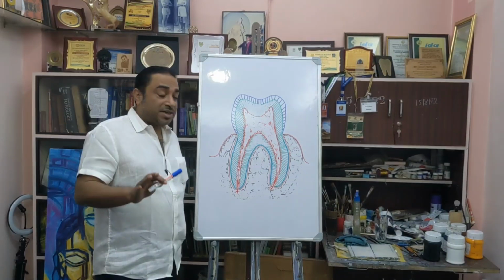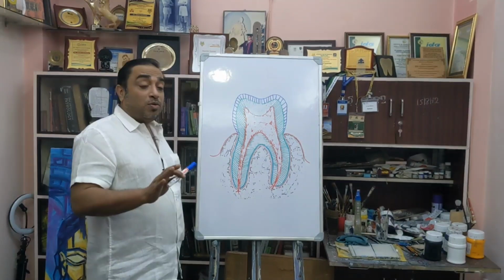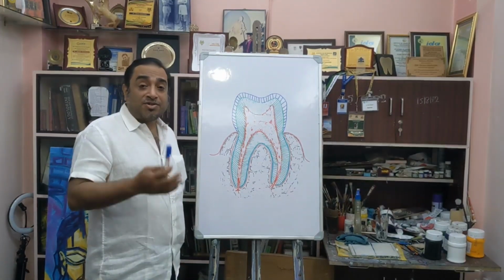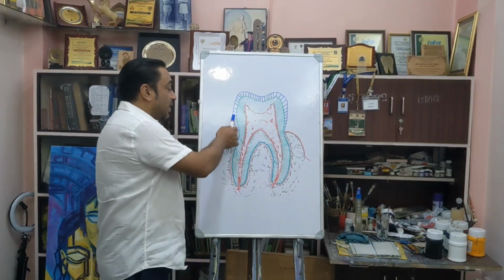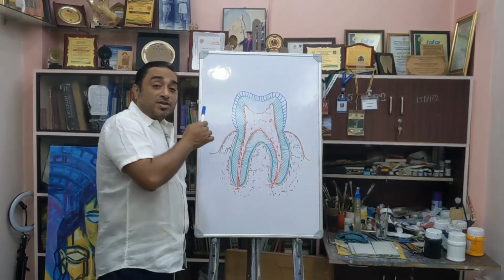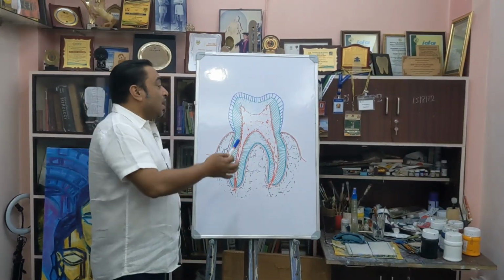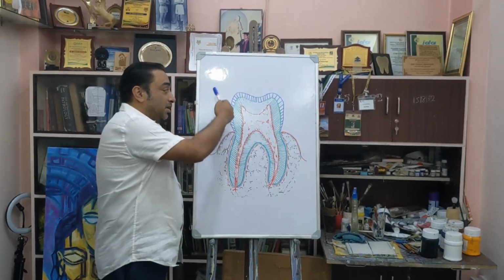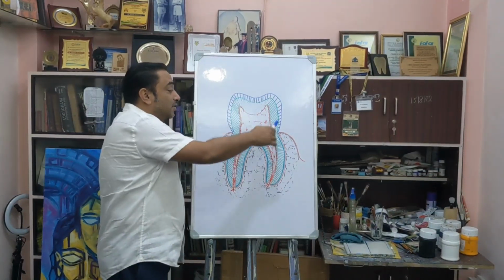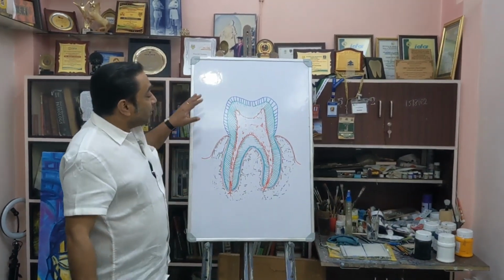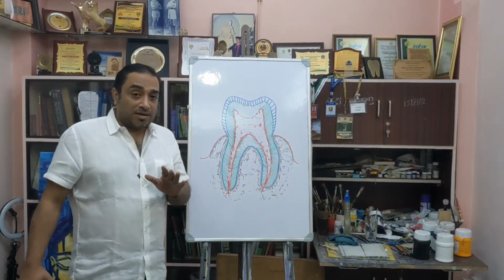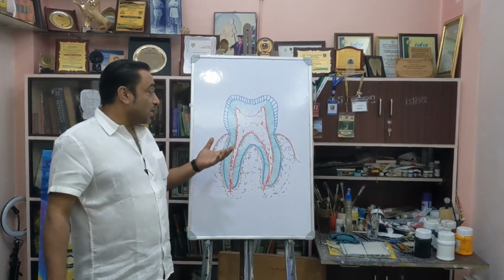It is actually a dead tissue, formed only once in the intrauterine phase, and that is enamel. That is the hardest organic material in the human body, and it covers the dentine. It protects the dentine not only mechanically, just by being so strong and hard.